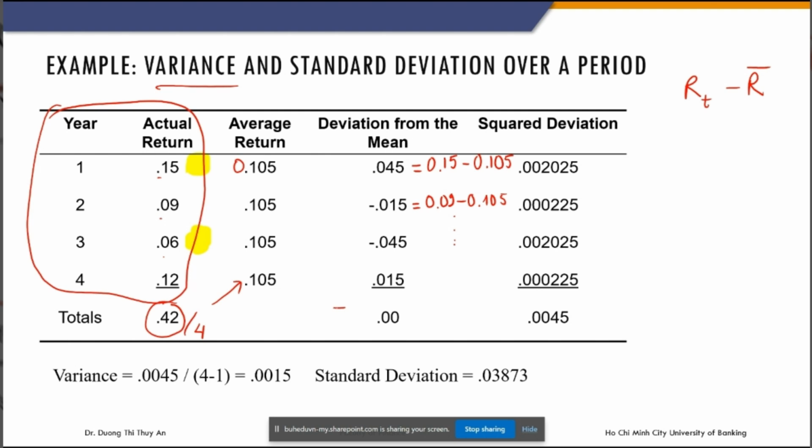And we take the sum. Here you don't see the number, just 0.00, but actually there are more digits later.